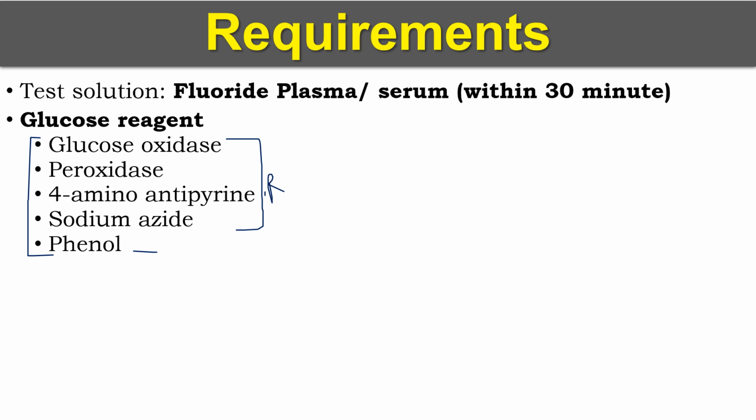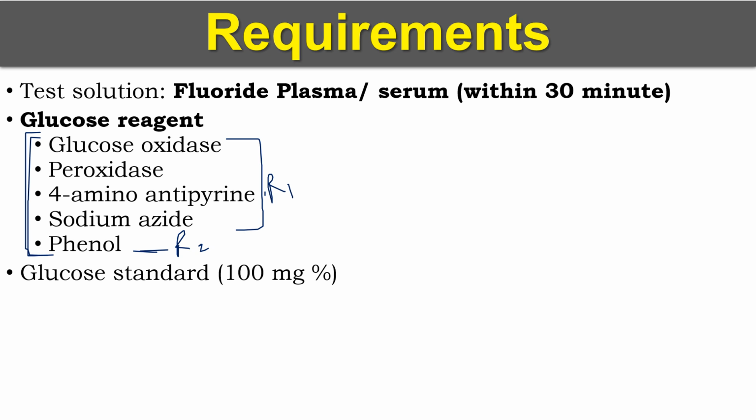So this will be my reagent 1, and this will be my reagent 2, phenol, that will be 100 mg per dl. This depends on whether you are going to prepare the reagent by yourself or purchase it. If you are purchasing, then there is no need to prepare it by yourself. You will have a single vial with the complete glucose reagent.